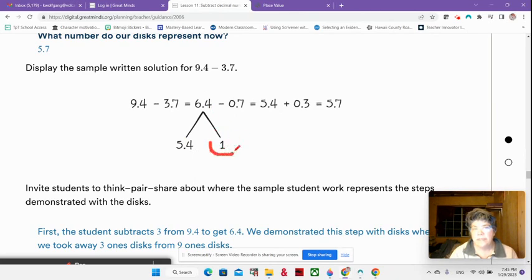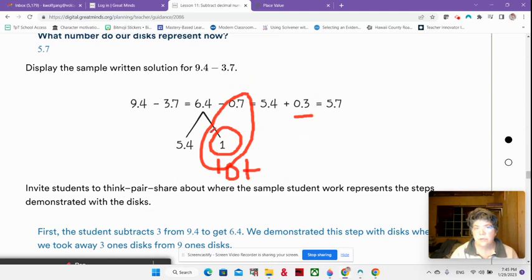Okay, so basically here is our 1 that we're changing to 10/10. So I'm going to just write 10/10 here. Okay, because watch what we do now. 1 minus 7/10 equals 3/10.